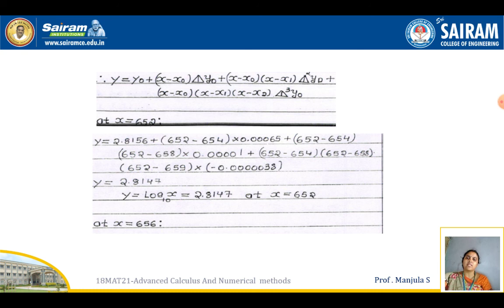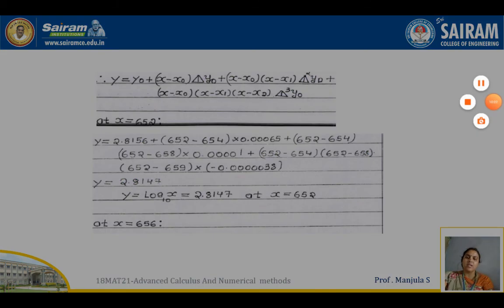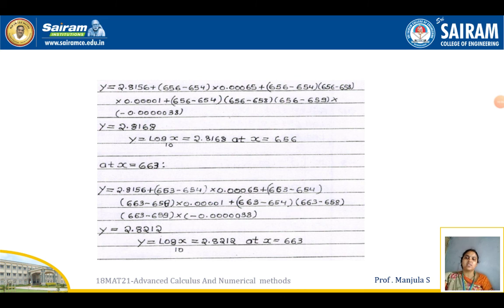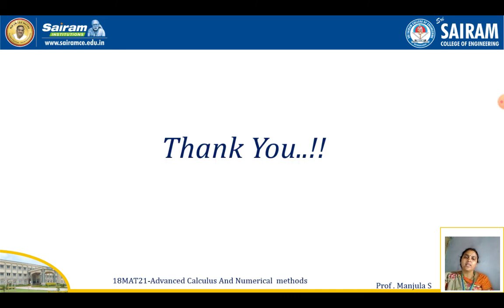The only thing is, in place of x you substitute 652, so we get the value of y at x = 652 as 2.8147. Similarly, substituting x as 656 we get y as 2.8168, and for x equals 663 we get y as 2.8212. So like this we have to solve the problems. Thank you.